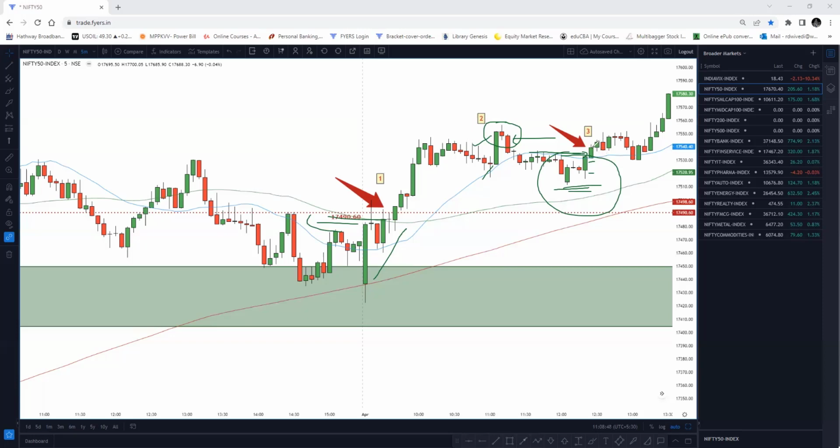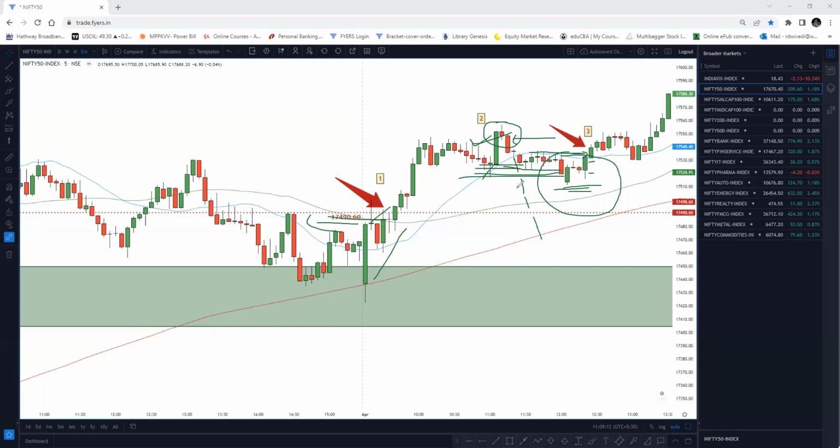However, when this breakout happened, we already had the two failures here, and prices did not move below, which means that instead of prices pulling back and moving down, they just consolidate at the lower end of this breakout bar.